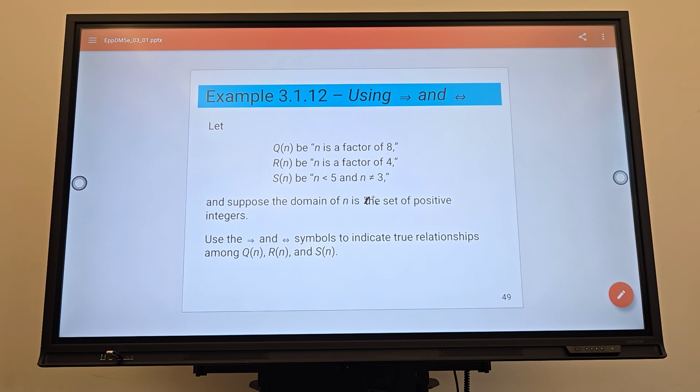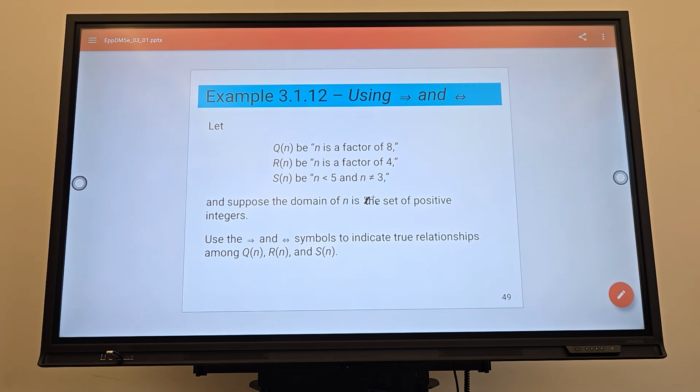So let Q of n be "n is a factor of 8," R of n be "n is a factor of 4," and S of n be "n is less than 5 and n is not equal to 3." Suppose the domain of n is the set of all positive integers.